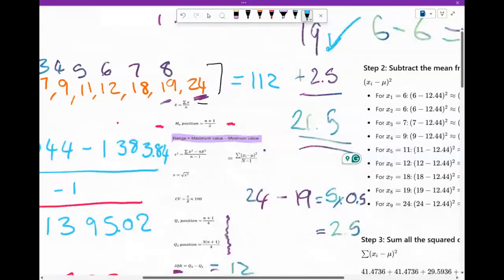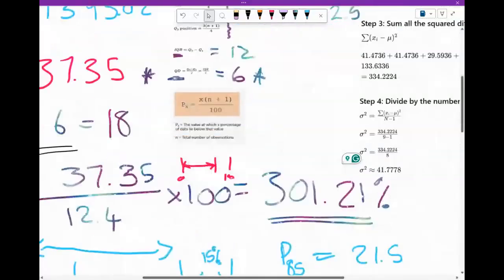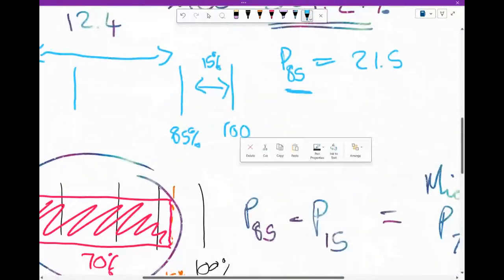And then remember we said the 0.5 is between, we had to do our calculation to find 0.5 of the difference between the next value and it gave us 2.5. And that's how we arrived at our final answer for P85, isn't it? So that's how we're getting the 21.5. So we're saying 85% of our data is below 21.5 newspapers, 100%.